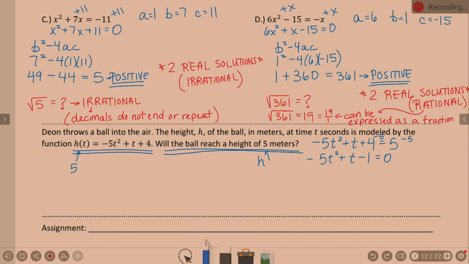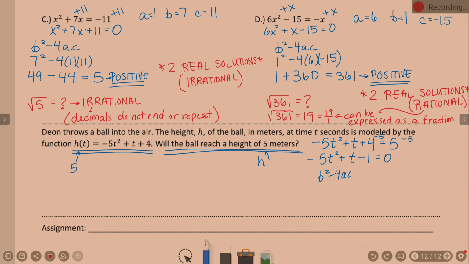I spent today talking about the discriminant. Could the discriminant help me? Will the ball reach a height of 5 meters? How about, will there be real solutions to this problem? Would that answer the question? Yes. So we only have to do the discriminant here.